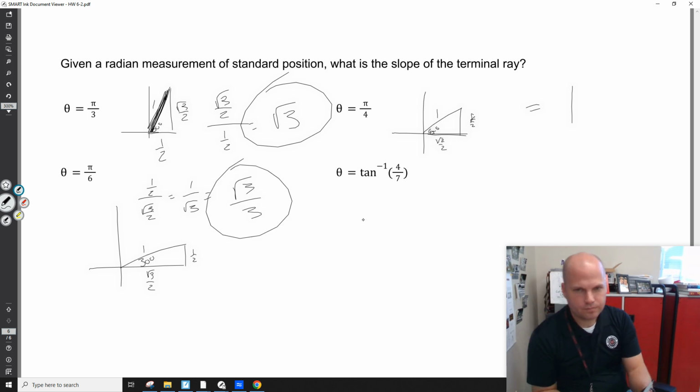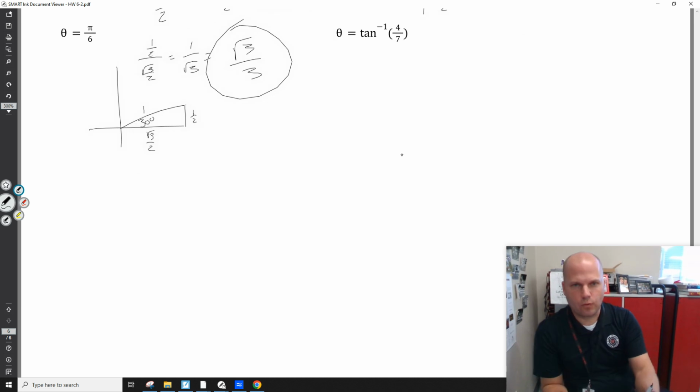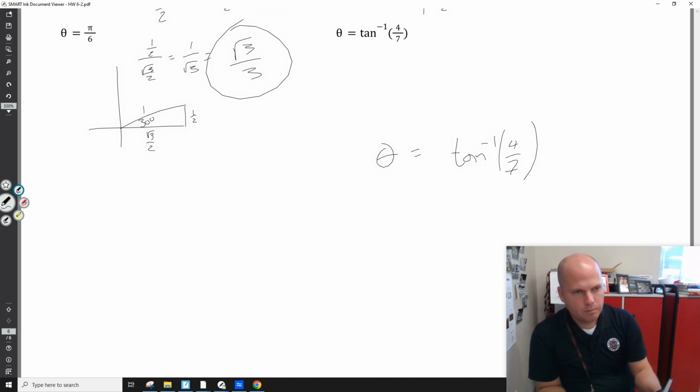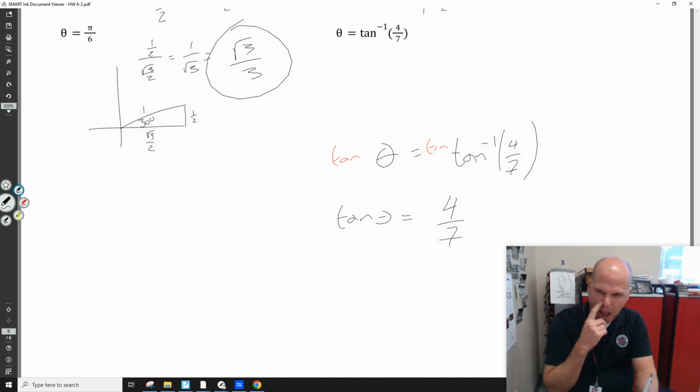This is a great one. Theta equals tan inverse of 4/7, and you're probably like, what? Well, let's rewrite this by taking the tangent of both sides to see that the tangent of theta equals 4/7.